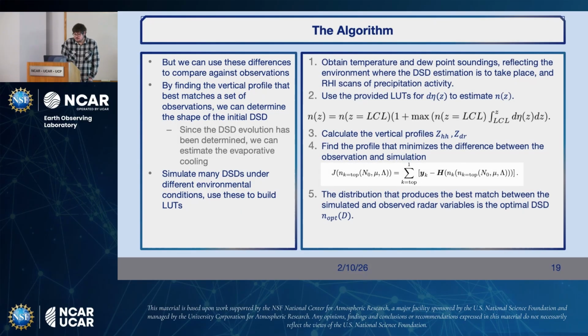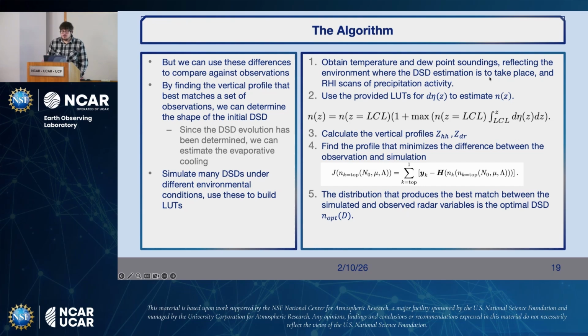So how does my methodology go about trying to solve this problem? Well, the first thing we need to do is look at an arbitrary observation, obtain information about the temperature, dew point, relative humidity, pressure, all of those things, just from a local sounding.